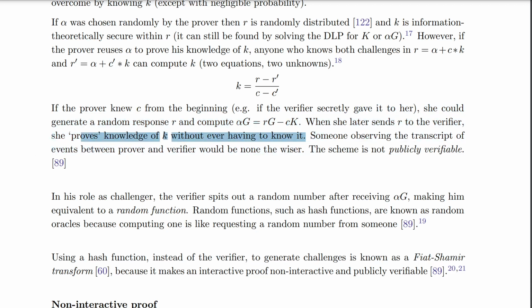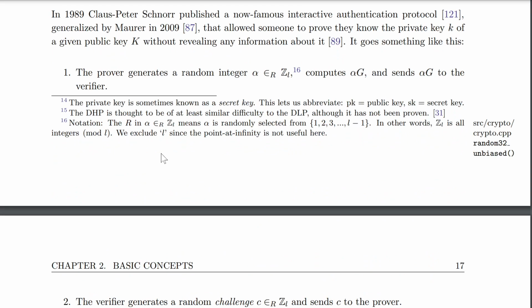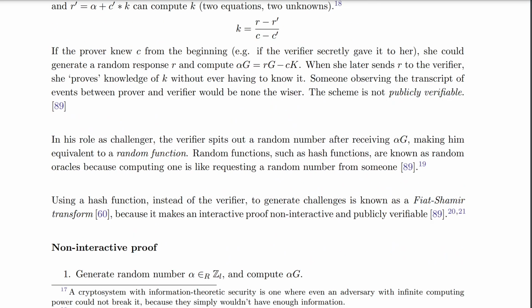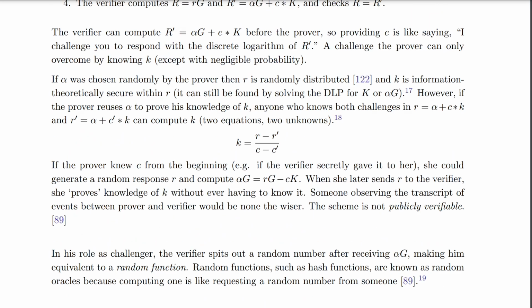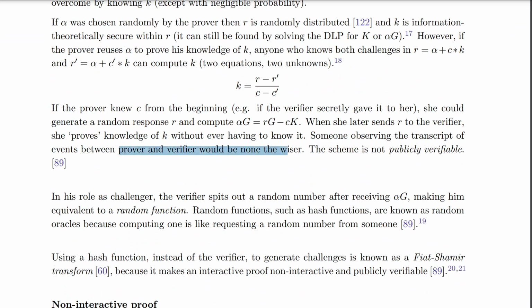So bottom line, if the prover and verifier are conspiring, an outside observer would see this process proceed through the steps 1, 2, 3, 4, and they would think, oh yeah, this has been verified, when in fact that is not the case because they've just conspired. And therefore, it's worth noting that this scheme is not publicly verifiable.